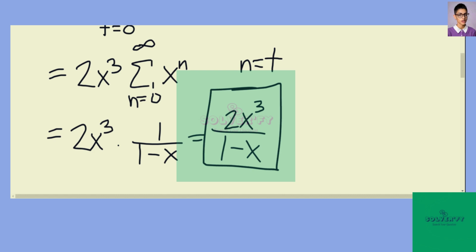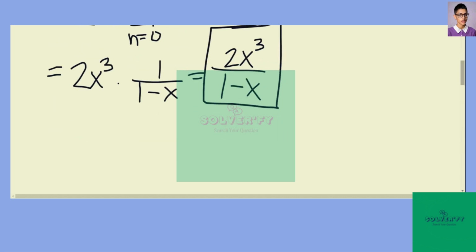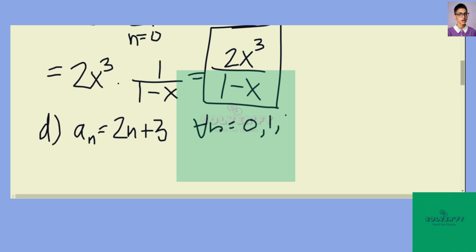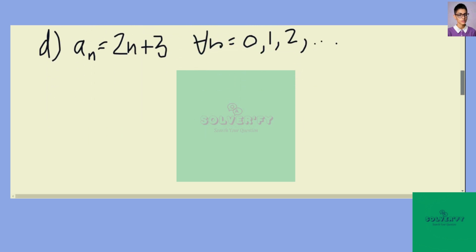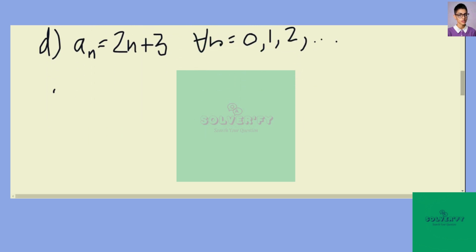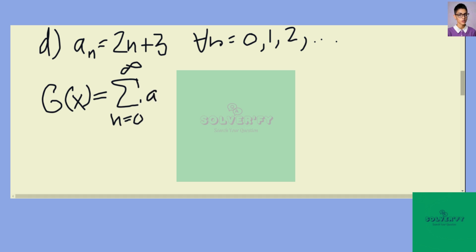In part D, we're given the sequence a sub n equals 2n plus 3 for all n. The generating function for this sequence, g of x, is by definition the sum from n equals 0 to infinity of a sub n x to the n.